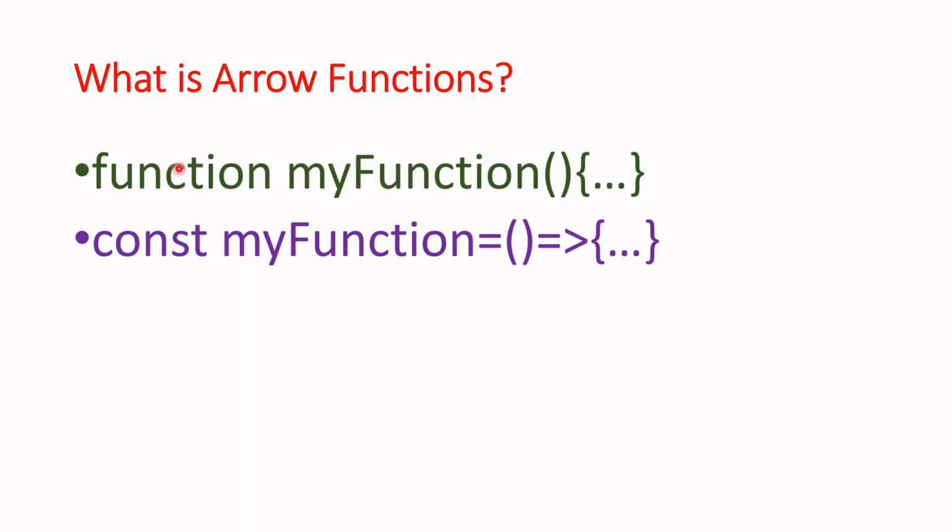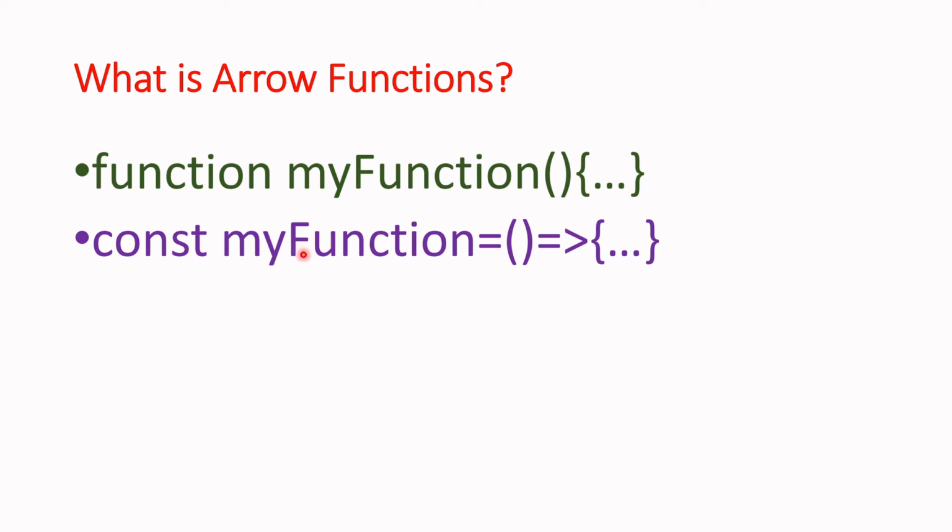Hello guys, welcome back. In this lecture we are going to learn about the arrow function. Previously, we used to write a function, my function, pass the small brackets, and after that write the code in the function. But in an arrow function, as you can see, this is the arrow.